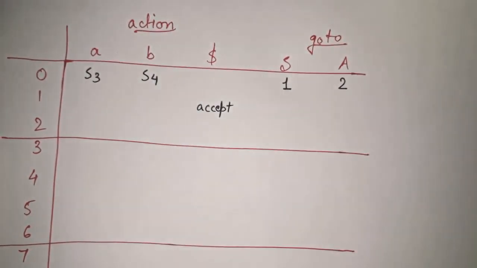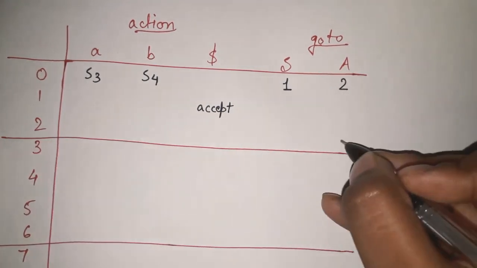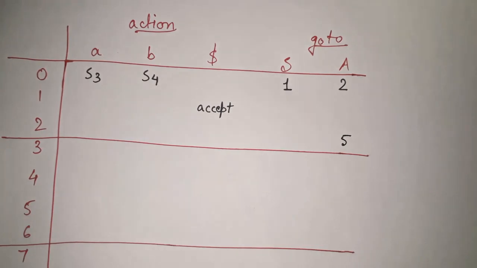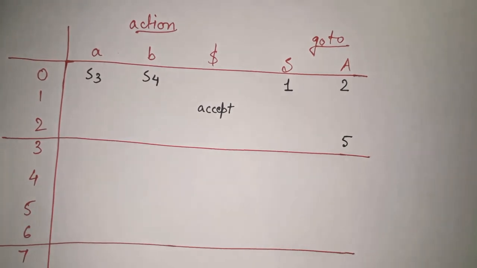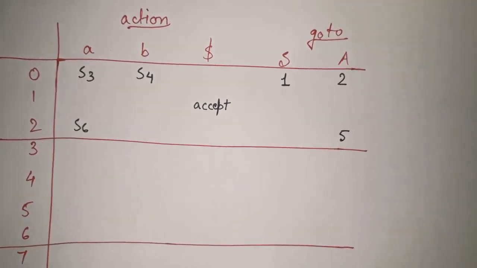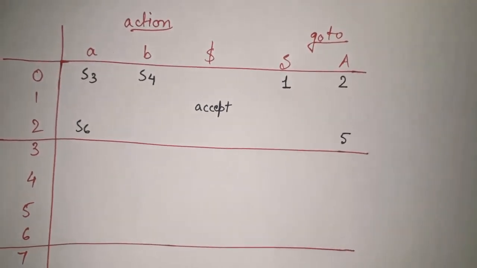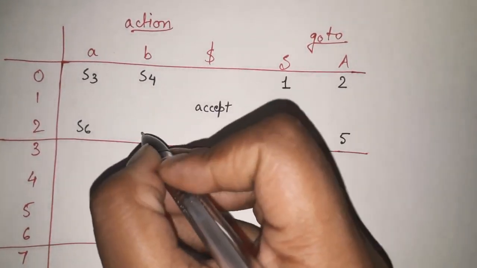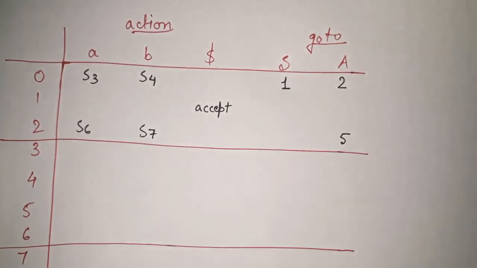Fine. I2, from I2 on A we are going to 5. From I2 on small a we are going to 6, S6. From I2 on B we are going to 7, S7. Fine. Okay.